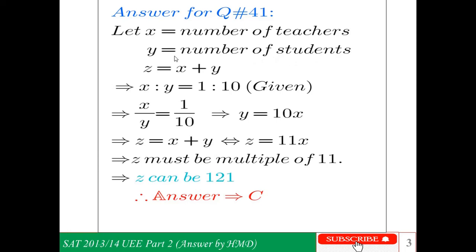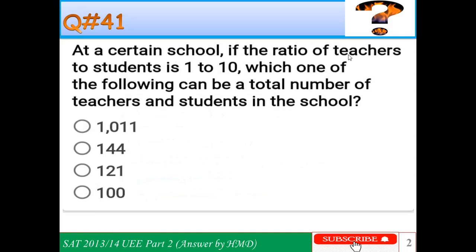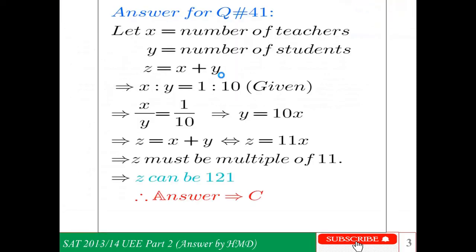Now it is given that the ratio of teachers to students is 1 to 10. So X is the number of teachers, Y the number of students, then X ratio Y is equal to 1 ratio 10, which is given in the question.